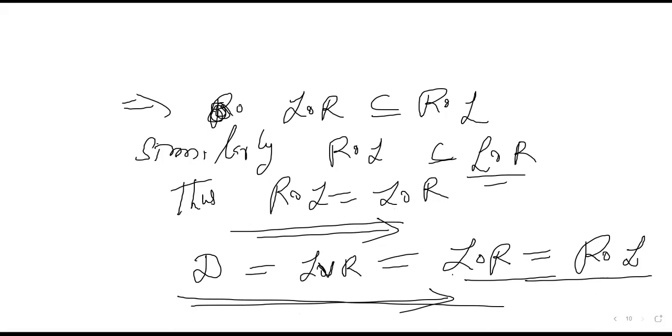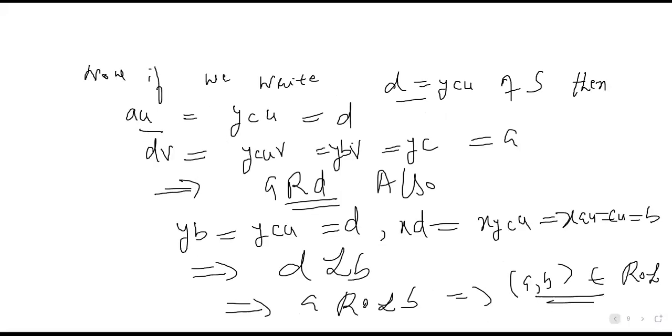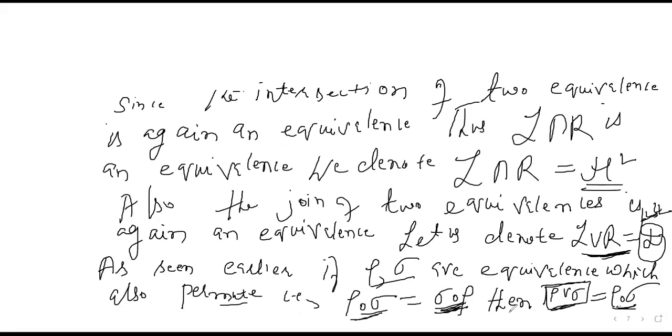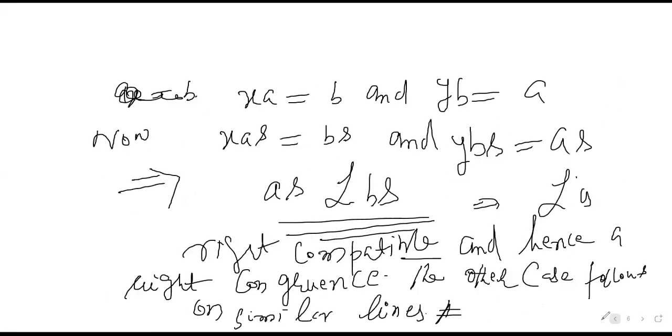Now we have defined these relations L and R in terms of principal left as well as right one-sided ideals. हमने इनको डिफाइन किया in terms of principal one-sided ideals.